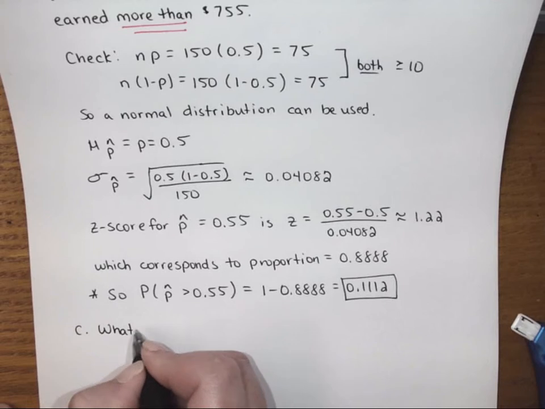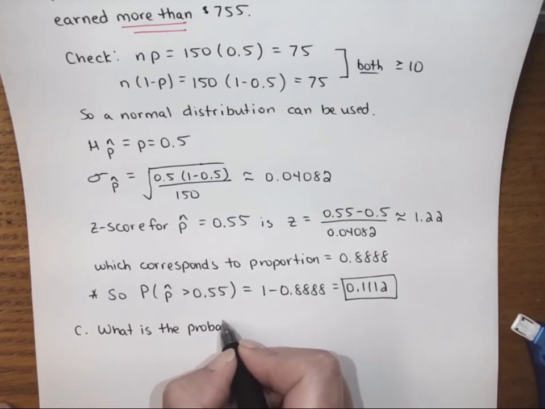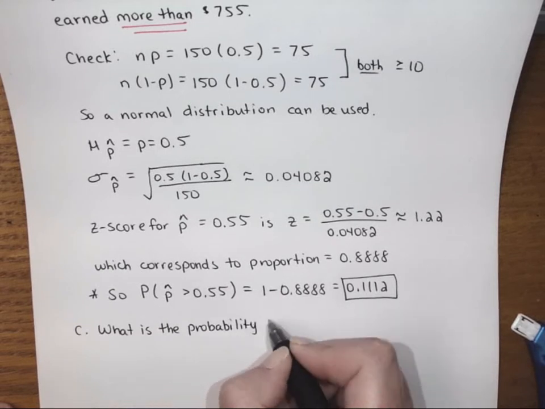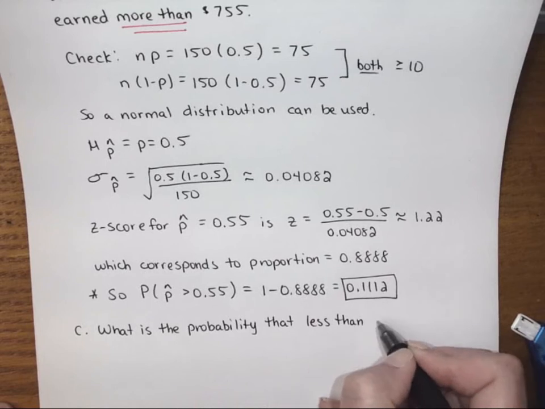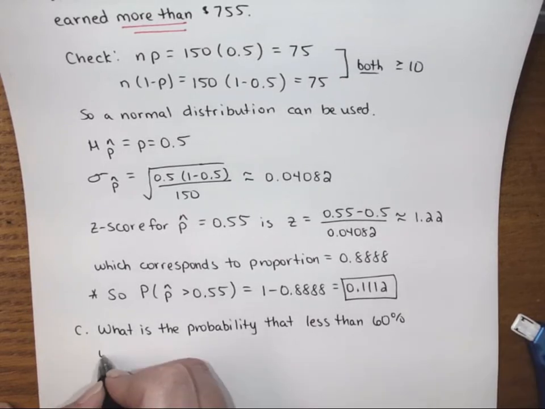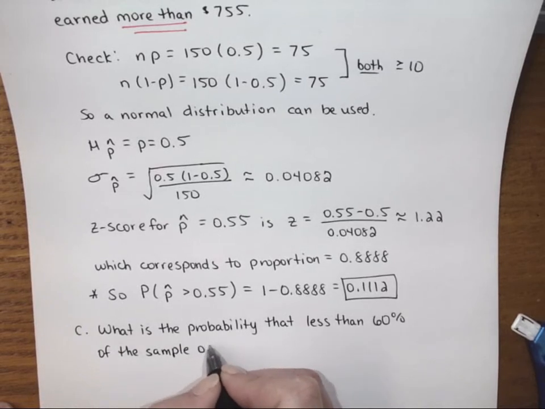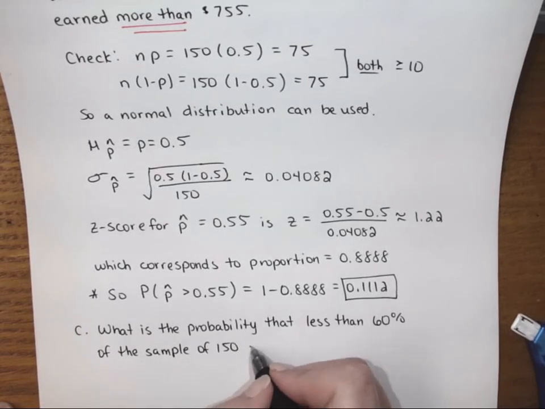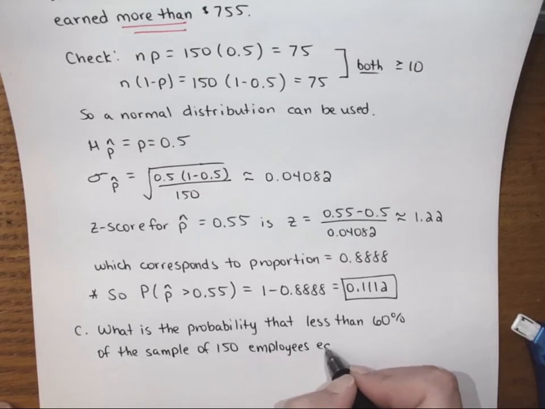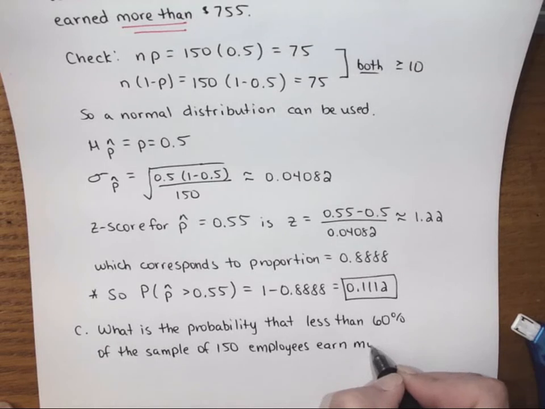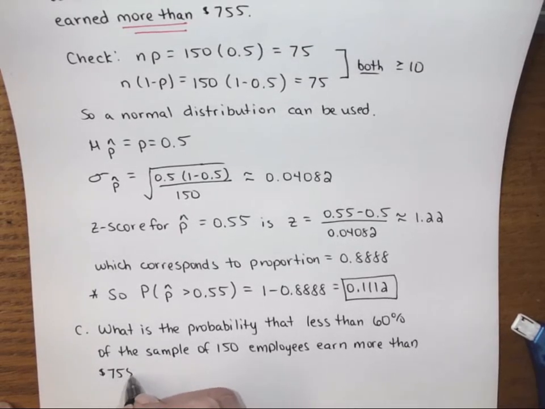All right, C. What is the probability that less than 60% of the sample of 150 employees earn more than $755 a week?